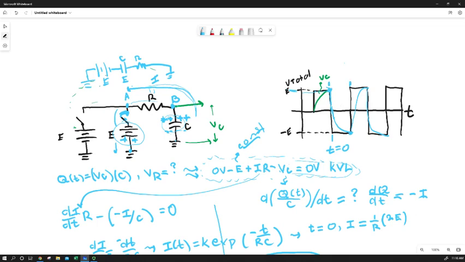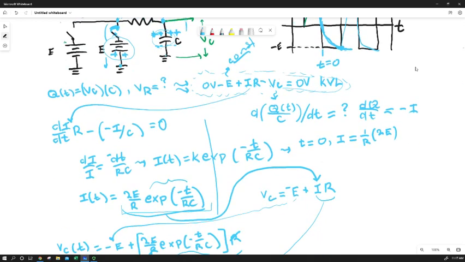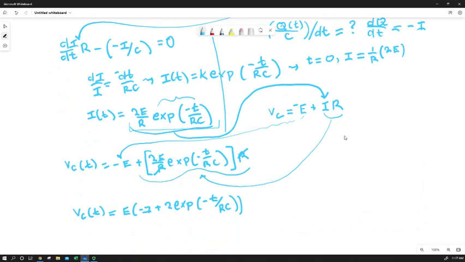So I'm only plotting this part of the curve. So my expression should show that if I put in t equals 0, I should get a positive E, and if I put in t equals infinity, which would indicate we've reached steady state, we're not changing with time, my curve has gone flat down here, I should have a V sub c equal to negative E. So let's see if we pan out there.